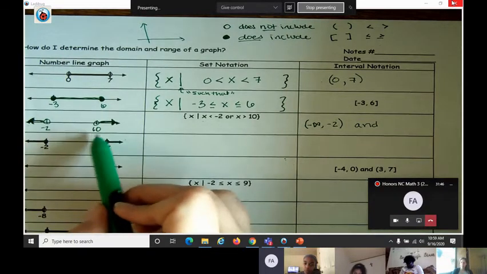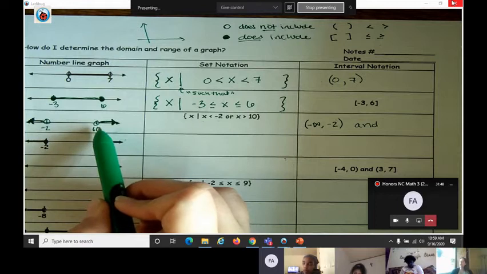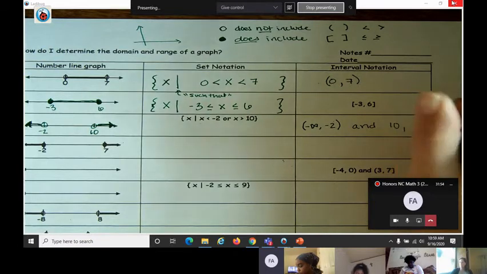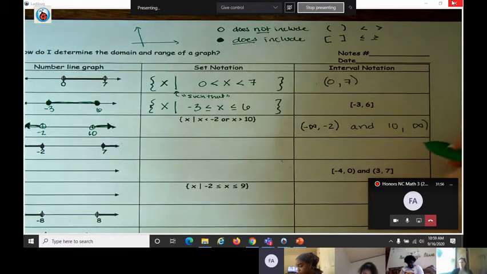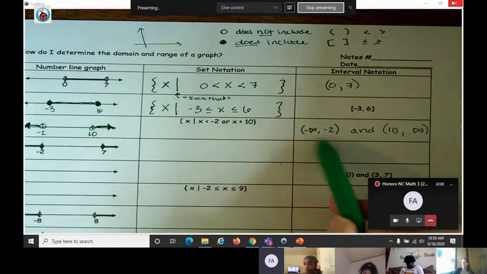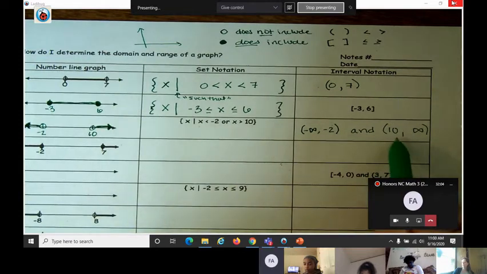Positive infinity? So that's the highest it can go. 10. Yeah, so the lowest is 10. And do I use a round or square bracket with that one? Round. Yep. So I have 2 intervals here, from negative infinity to -2, and then also from 10 to positive infinity. What questions do you guys have?